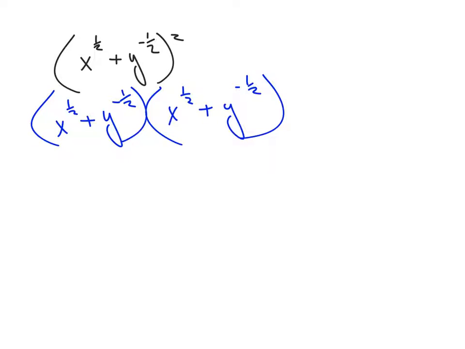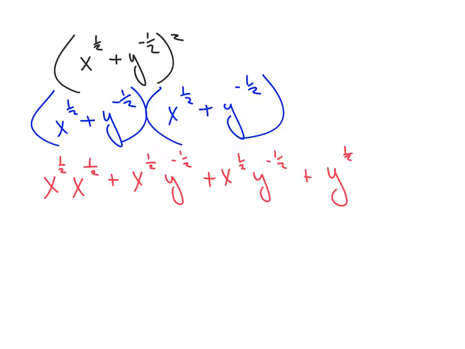And again, I'm just sticking them together because I'm multiplying, so I can just write them like that to start with. Then the outside. Then the inside. Then last. Oops, negative 1/2.